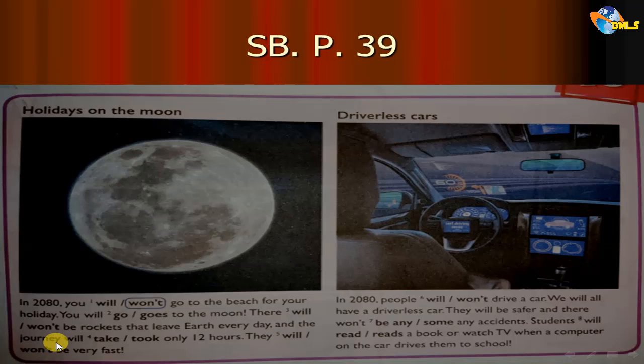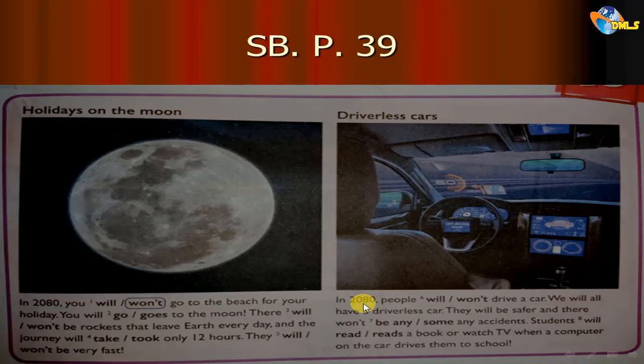And the journey will take only 12 hours. They will be very fast. So he's predicting everything that will happen in the future, that we will enjoy our holiday on the moon, no beaches, the journey will take just 12 hours, they will be fast. All of these are predictions with no evidence. He has no evidence that says it's for sure that we will go to the moon.